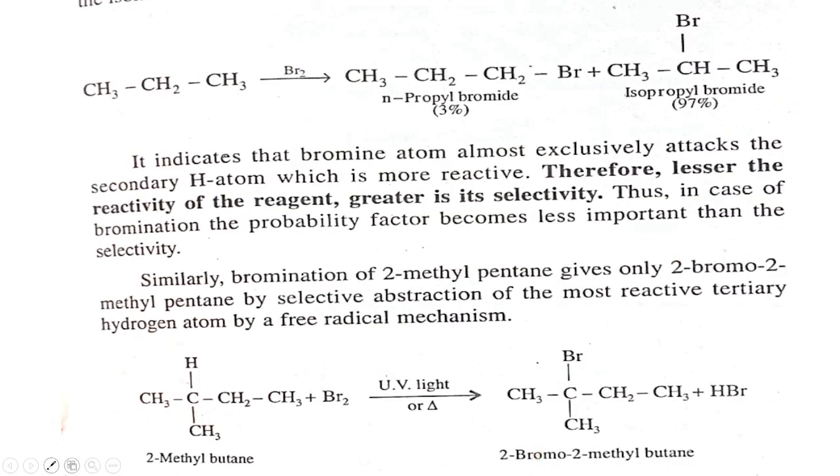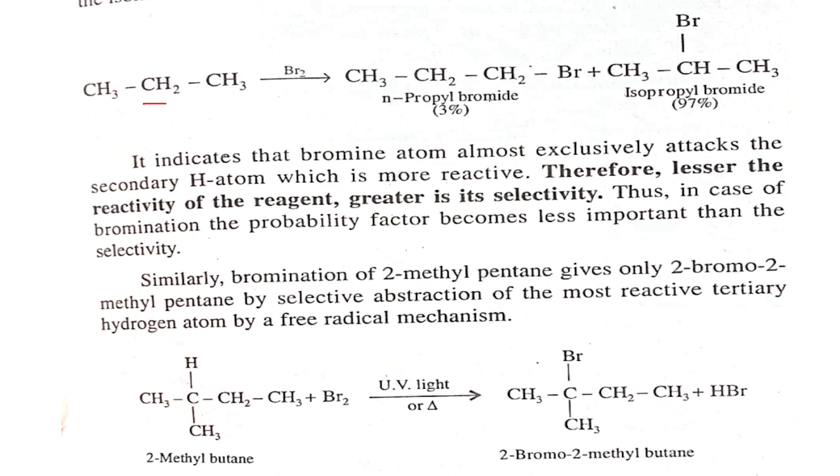Now see here, the starting material propane is the same, and when you carry out its bromination, again in the first step the same radicals are formed, the primary radical and the secondary radical.